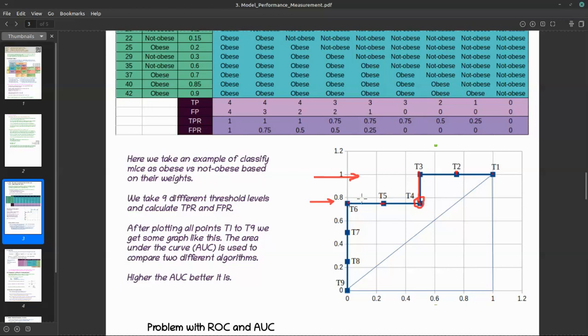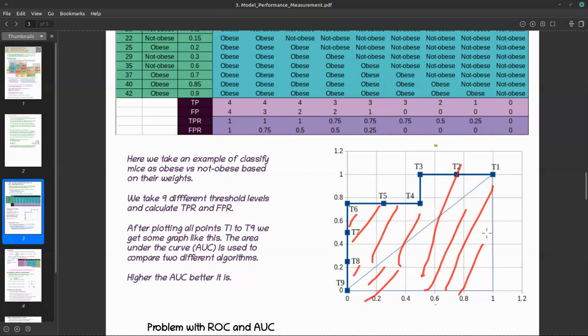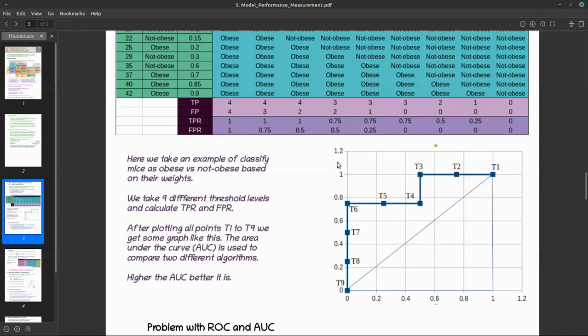At T6, that is the good point, right? Good TPR, and FPR is almost zero, basically zero. So this is nothing but the ROC. And if you calculate the area under this curve, it's nothing but AUC. Higher the AUC, better the model is.